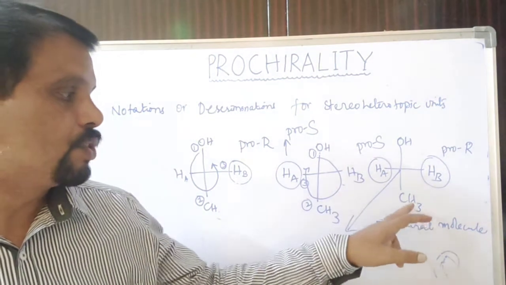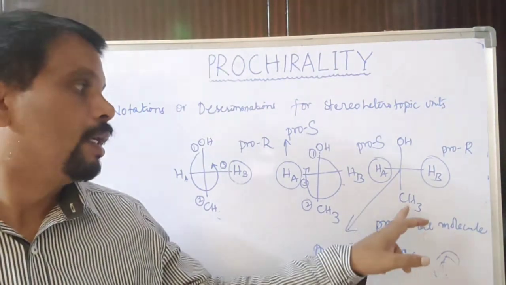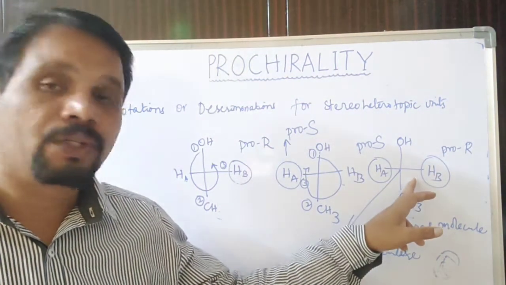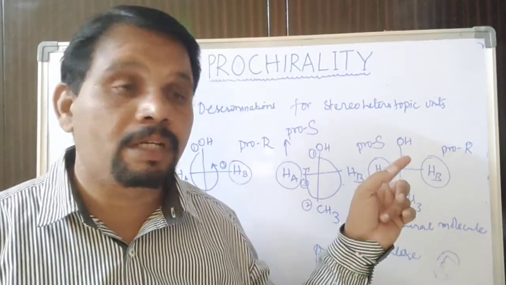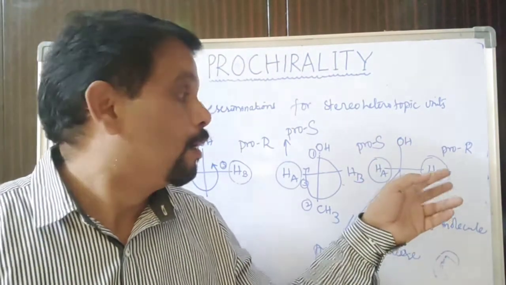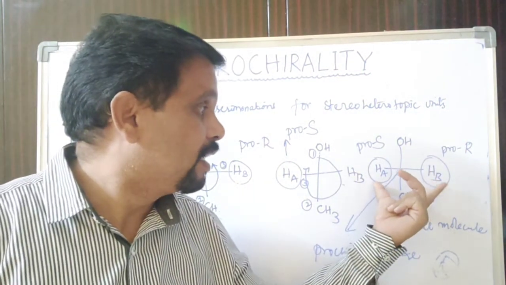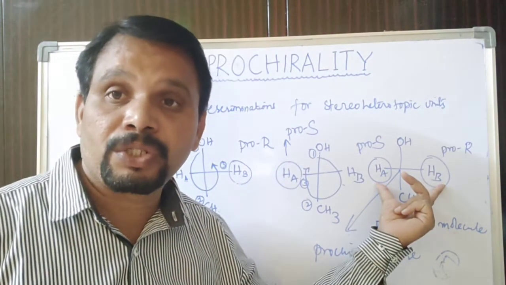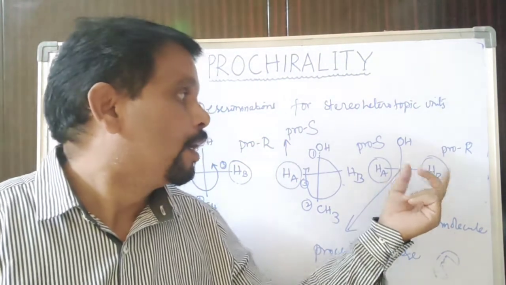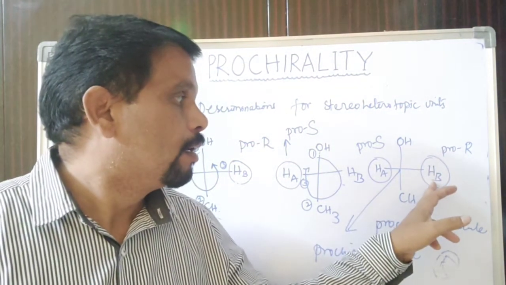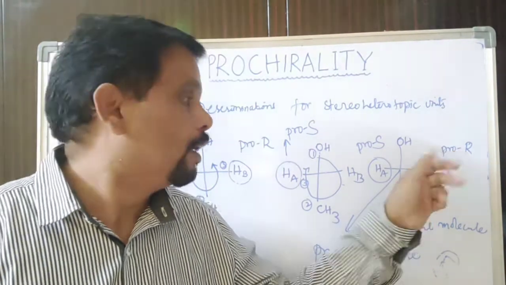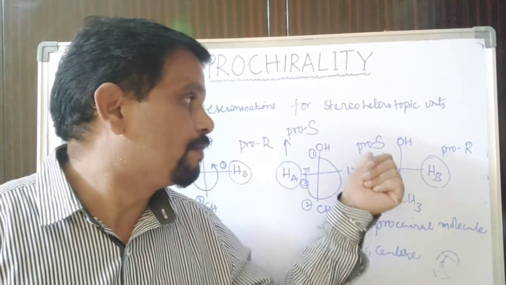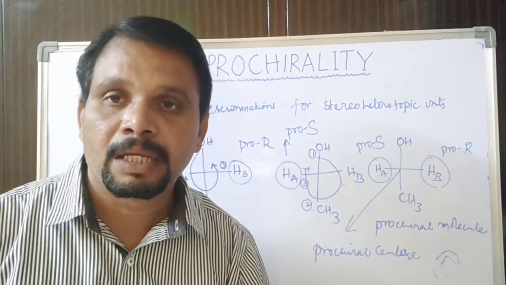So here this is a prochiral molecule because in the next step this molecule produces chirality, chiral stereoisomers or chiral molecules, by involving the stereoheterotopic units. So this HB configuration is Pro R and this HA configuration is Pro S, okay.